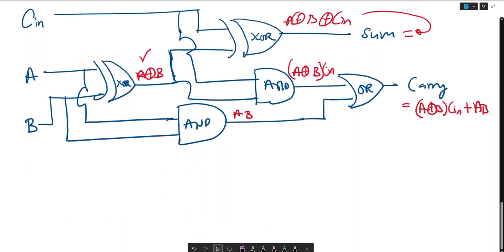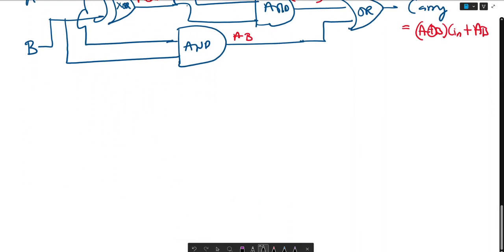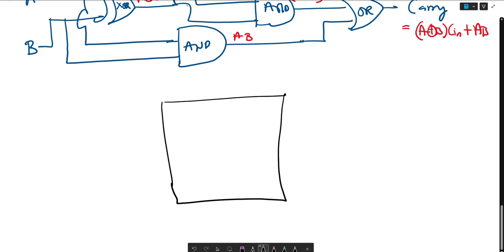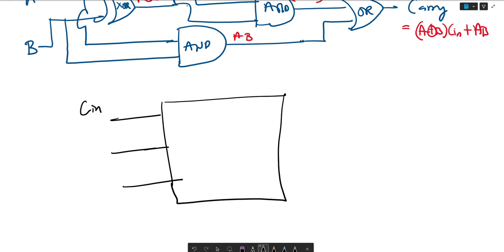So now, when you want to draw a full adder on your schematic or symbol, you would just say it's a 3-input device: Cin or carry in, A, B, and Cout or carry out, and then the sum.